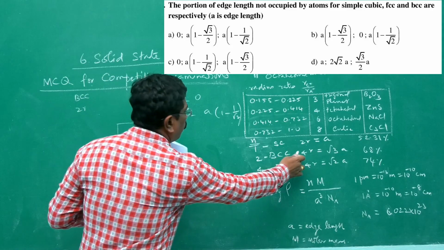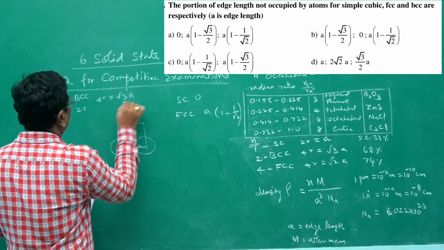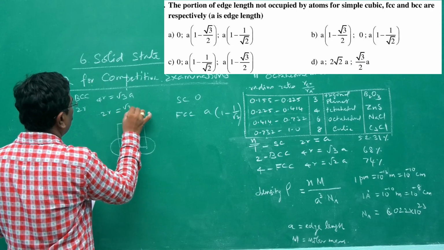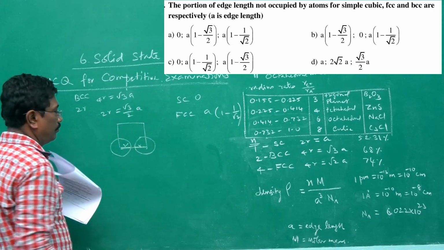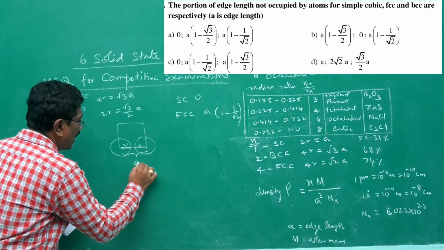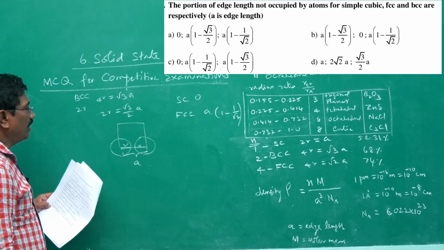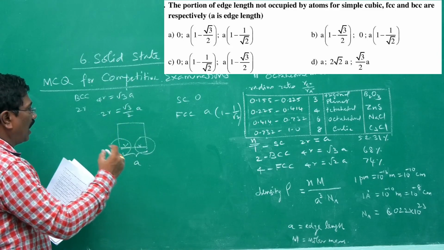We know for BCC 4r is equal to root 3a and therefore 2r is equal to root 3 by 2a. And the total edge length is a. So a minus root 3 by 2a is the edge length which is unoccupied.